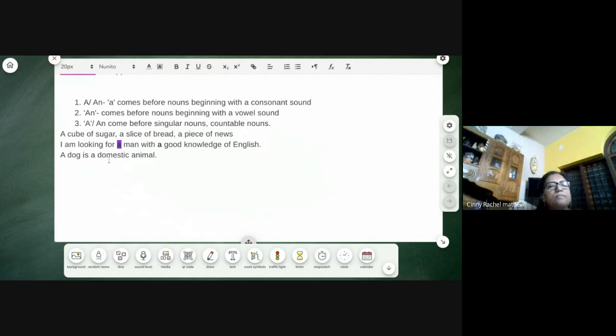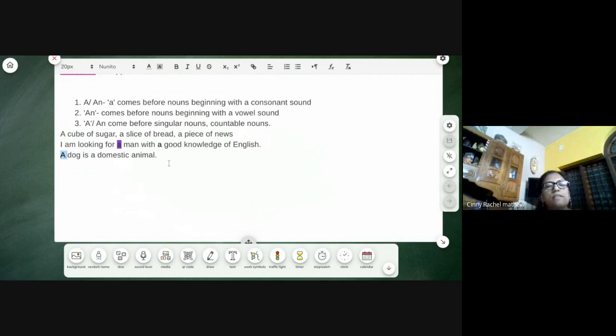Now here, a dog. A means any dog or every dog. It covers the common category of dogs, the family of dogs in a way, every dog.